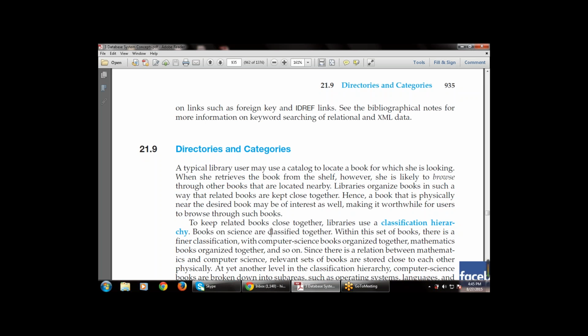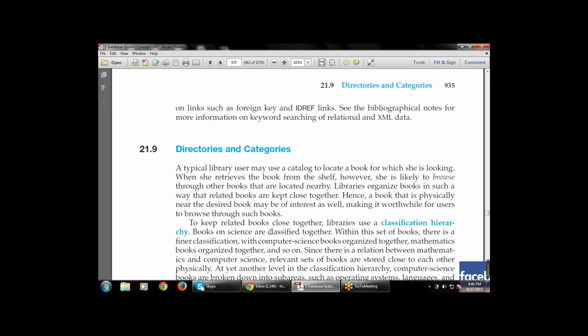Books on science are classified together. Within this set of books, there is a finer classification, with computer science books organized together. In the same way, every book will be kept close together.